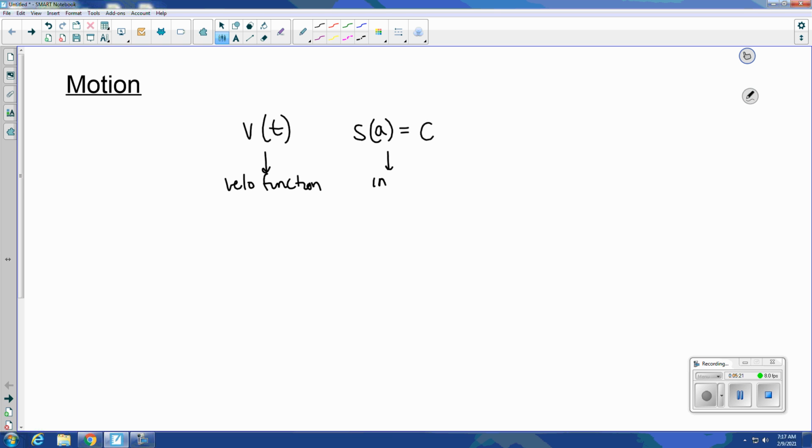So think of it as an initial condition, or a position c at time t equals a.